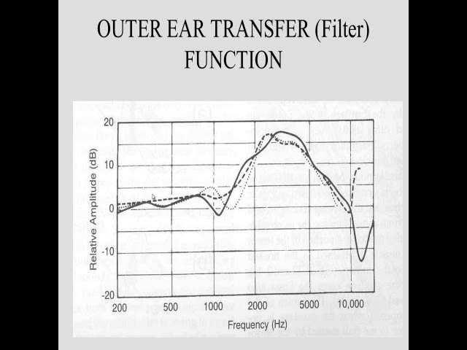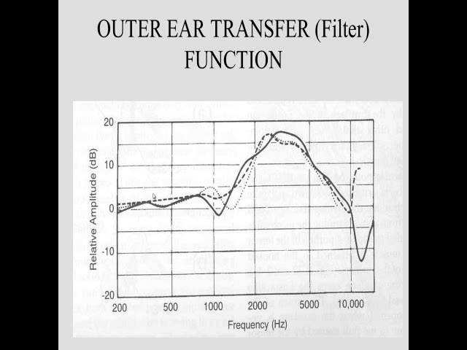We can actually graph this on what's known as a transfer function. Sometimes it's called a filter function. It can also be called a frequency response. What we're looking at here is a graph of the effect of the outer ear on a sound.